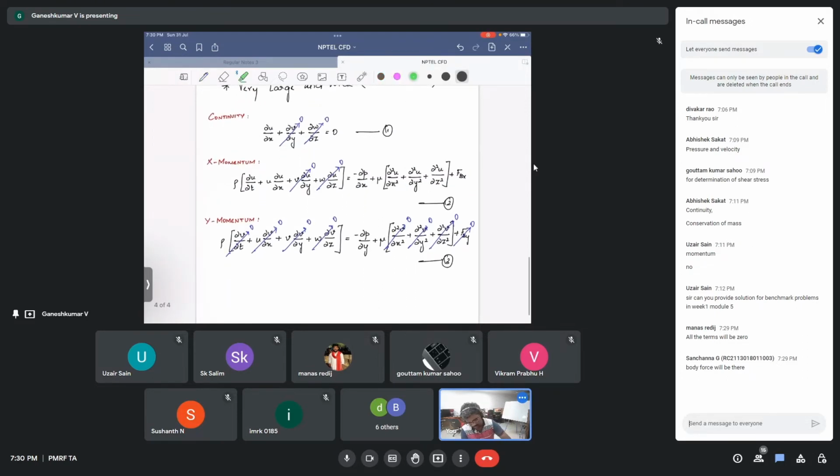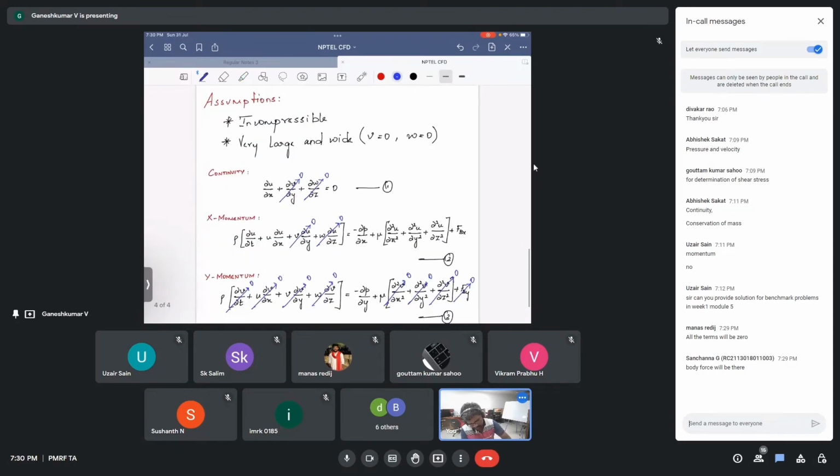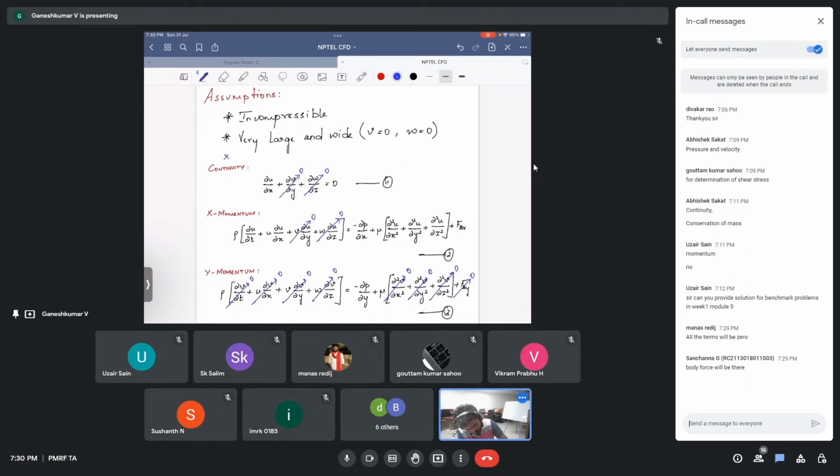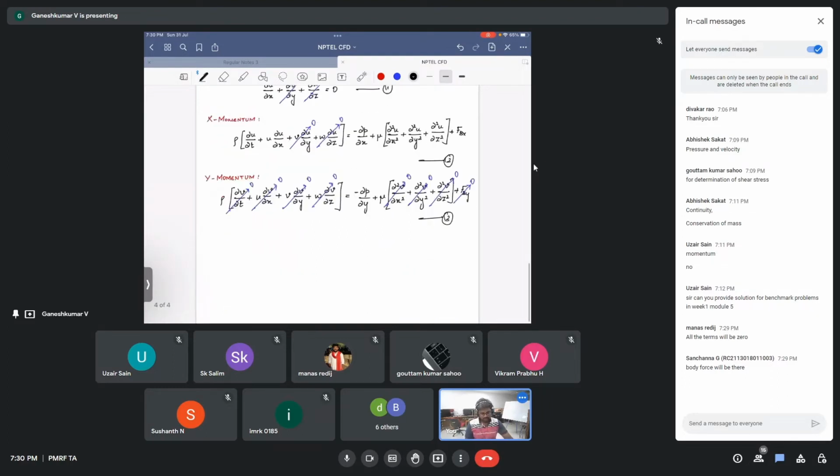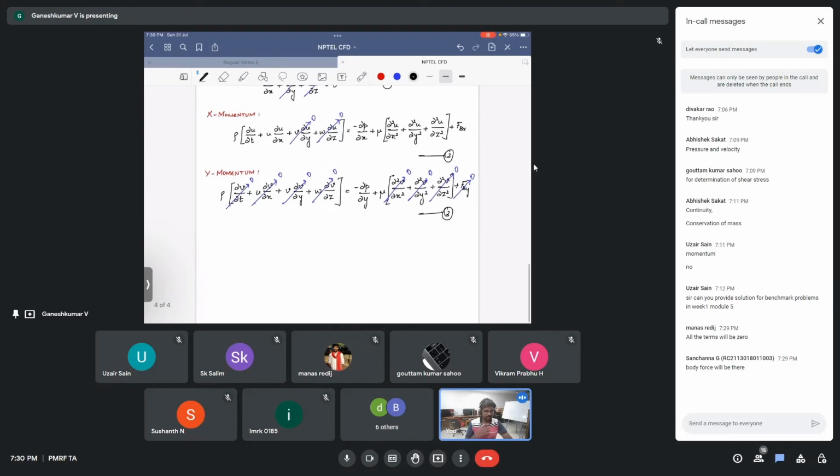Let's make that assumption too. Is it clear? I'm making body force also to be 0.